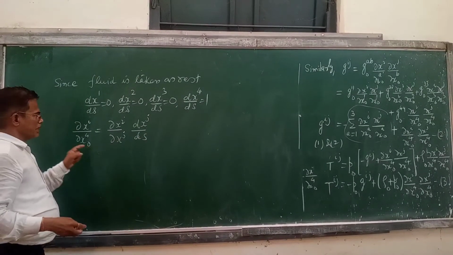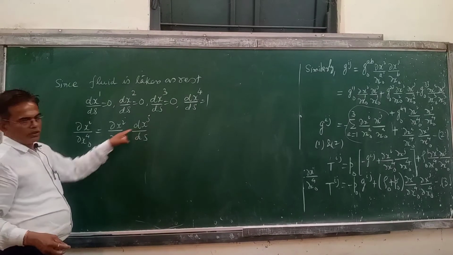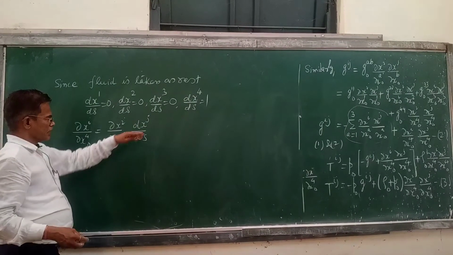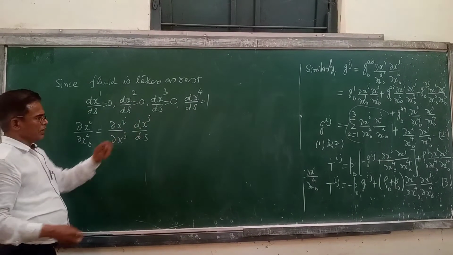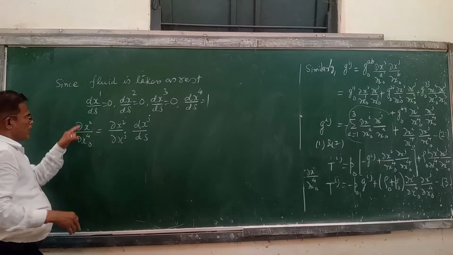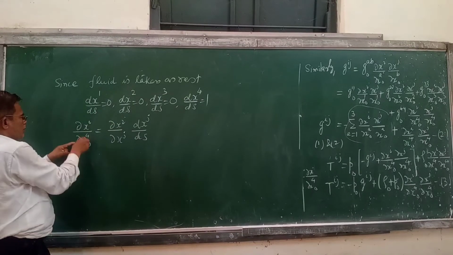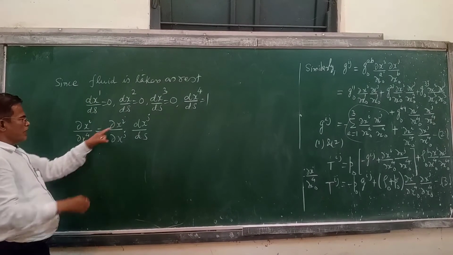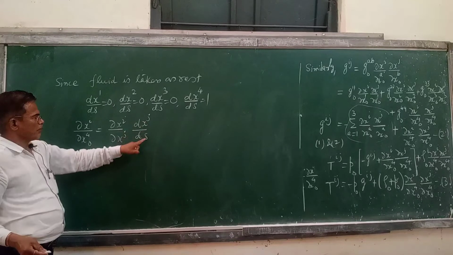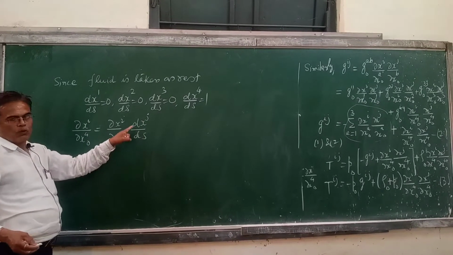Since this is dummy, this is by definition of differentiation. Since we have taken 4-dimensional space, j runs from 1 to 4.